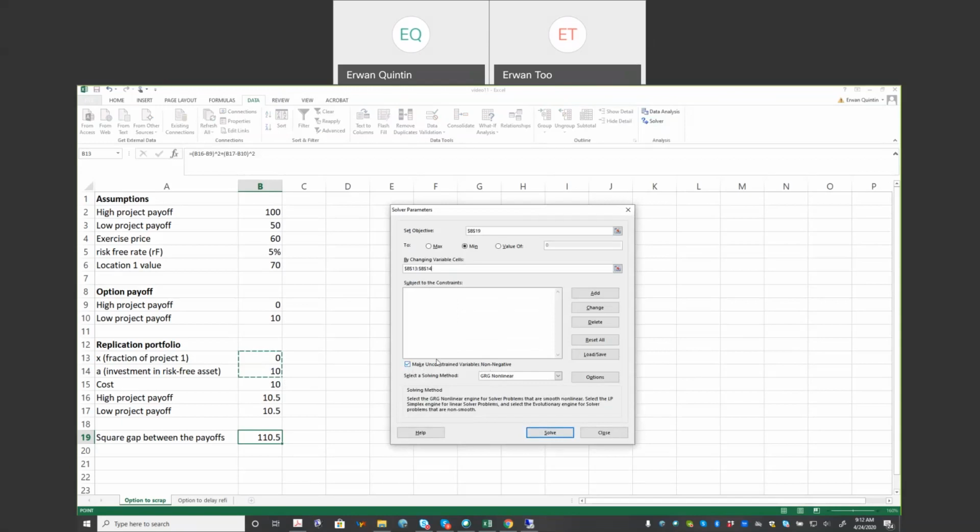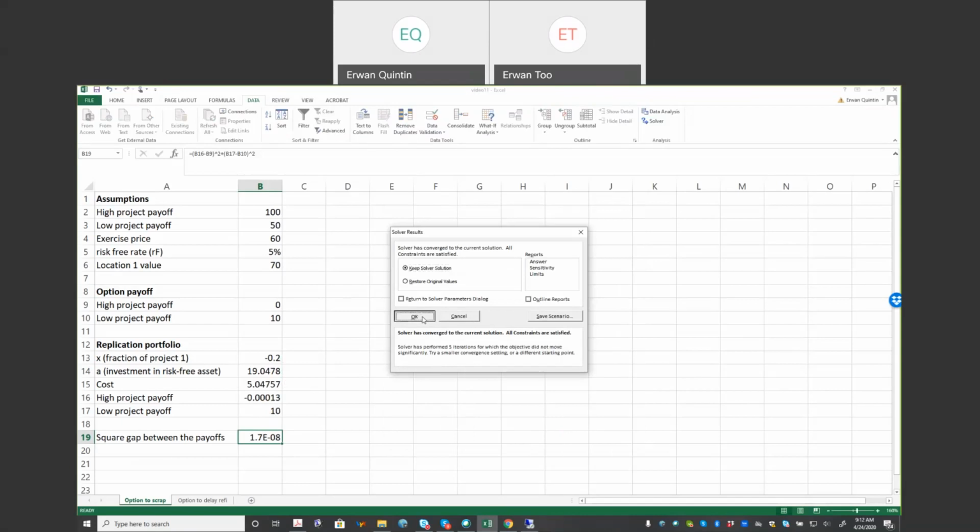We've already solved the problem and know that we need some of those variables to be negative. So we're going to uncheck this so that the computer will not be afraid to go negative. There we go. And then I'm going to push solve.